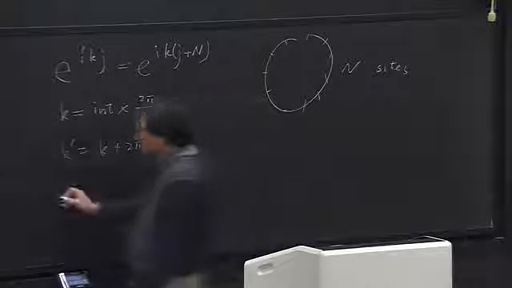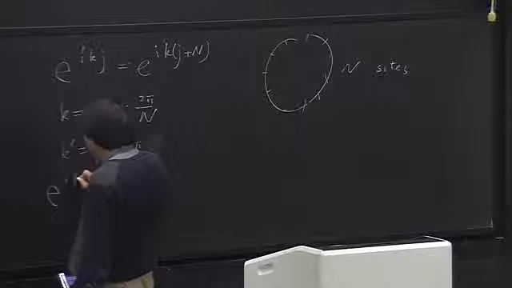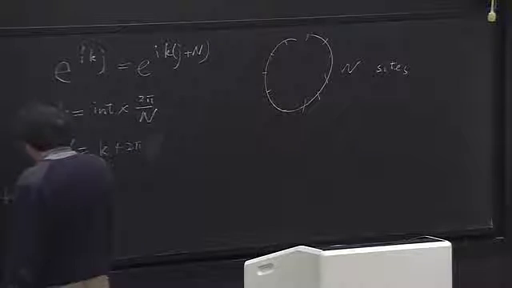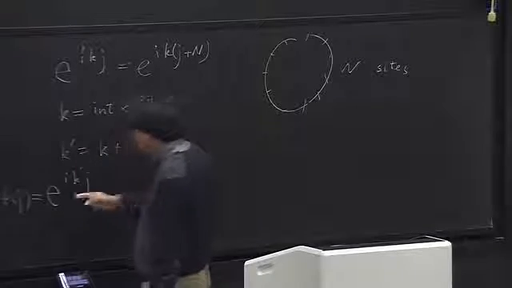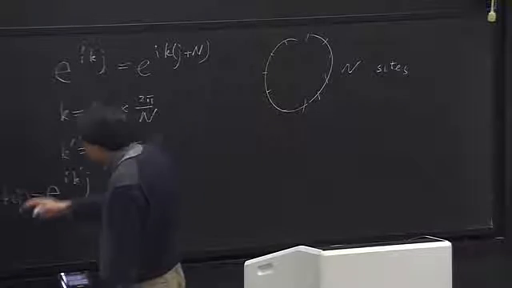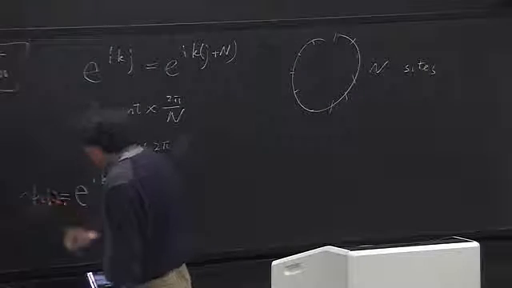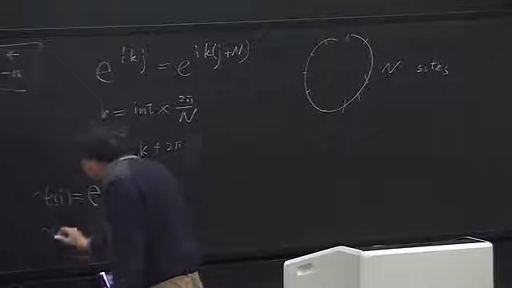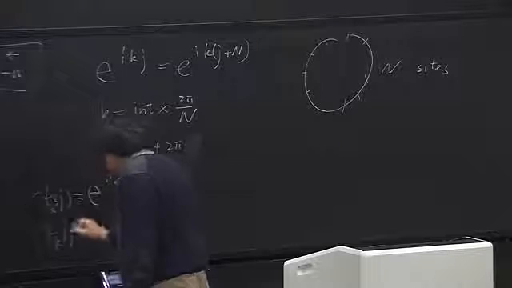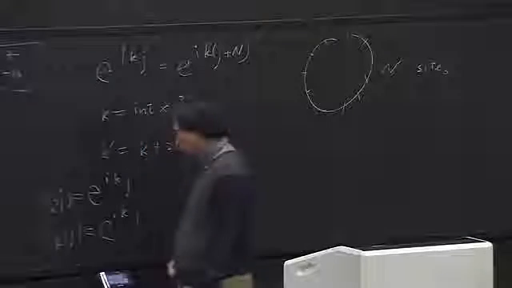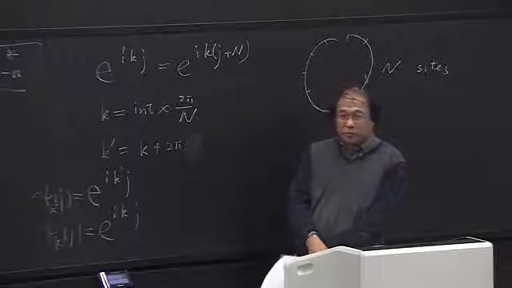Because, let's consider e to the i k prime as a function of j, and another function of j with k is e to the i k j. j is an integer.